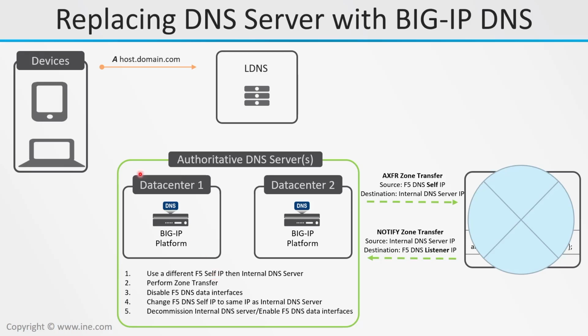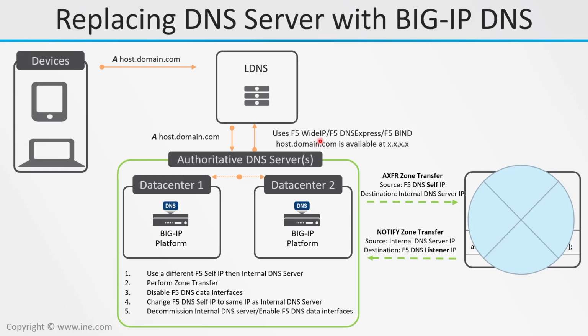So the client sends a normal A record request to its LDNS. The LDNS in turn, if it doesn't have it in cache, will send a new request to the NS records for the two F5 DNS platforms, and one of them will respond with the available IP address, and it uses wide IP first.